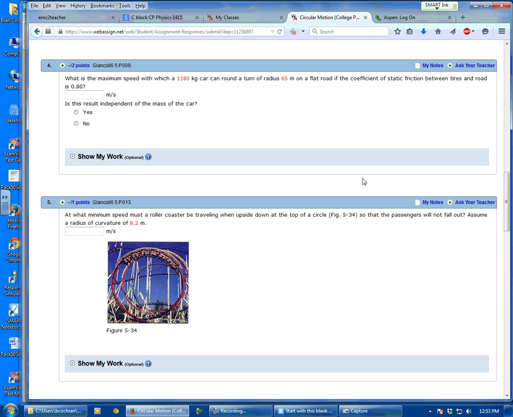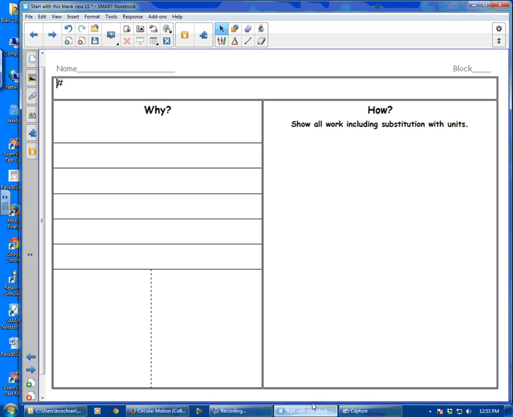So we do need a force diagram on this, but I would start with: car in circle, accelerate towards center.